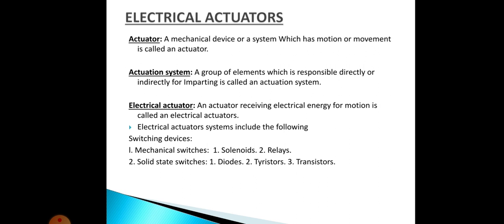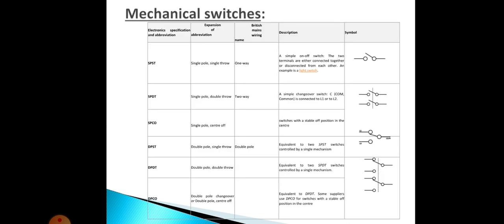Next we will be seeing mechanical switches. You can see in the diagram this table. The first one is SPST, which is single pole single throw. There is one single pole and one single throw. Pole means the part which will be moving, and throw is where it will be connected.